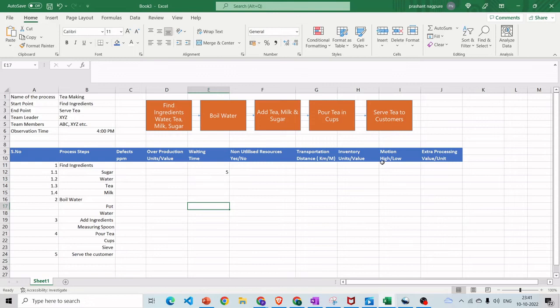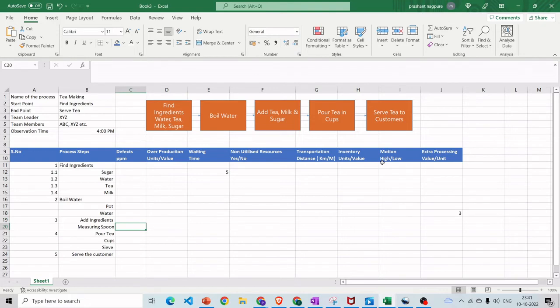I think we waited for more time than it was required. The problem was we did not know when the water really boiled and was ripe for us to add ingredients to it. So let's say that I over processed the boiling of the tea by 3 minutes, right?